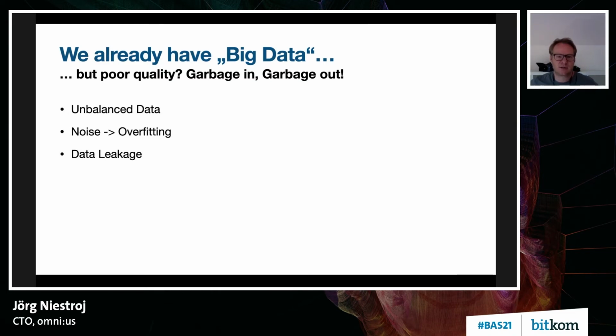And also data leakage is a big problem. If you use your CRM to train a churn prediction, and in that CRM there's already the flag of a termination of the customers, and you train the model with that, then this is the best feature for the model, but it's not there in real life. Therefore, the model will not work in real life.